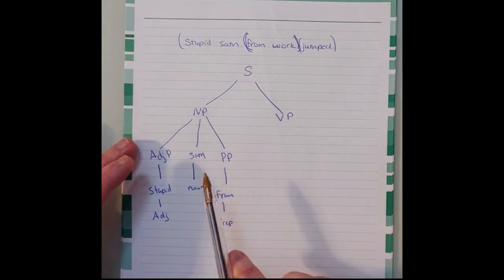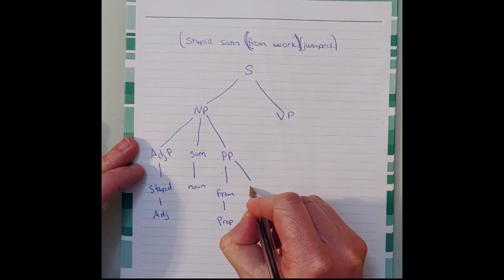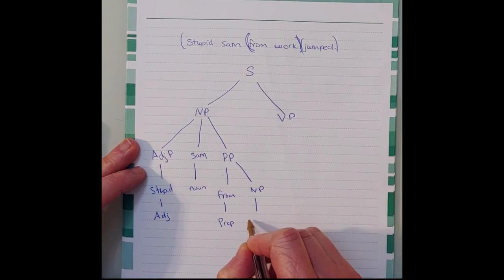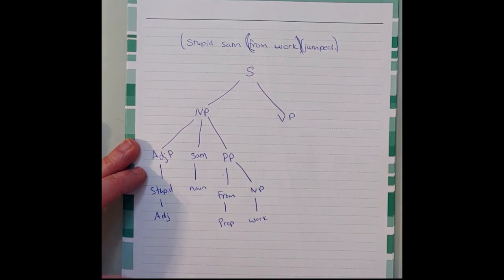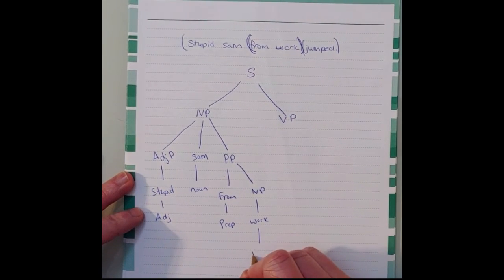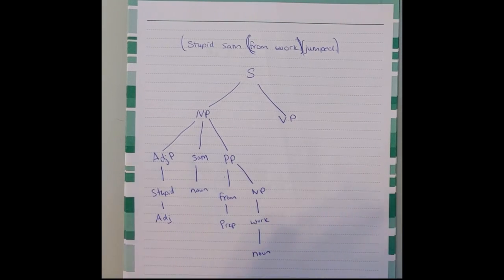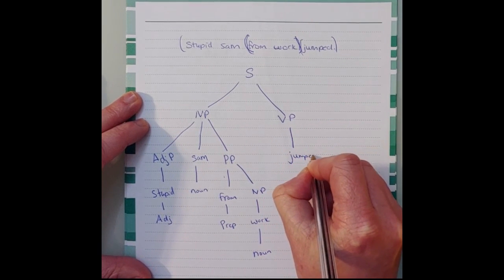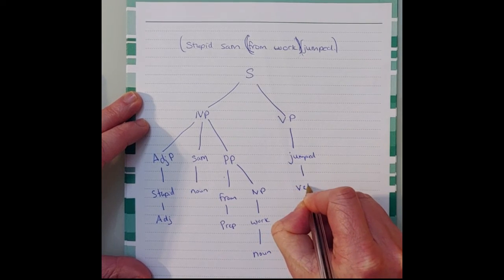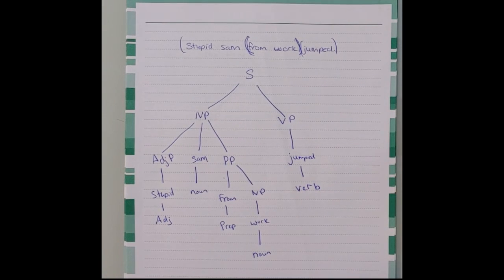The prepositional phrase starts with a preposition and contains a noun phrase. Work. Work happens to be the only unit of the noun phrase, and that's my noun. Okay? So the first part, our subject of the sentence, was actually more complicated than the other ones we've been working with. The last part's much easier. Jumped is the entire predicate. It's my verb. Okay? So there you go.